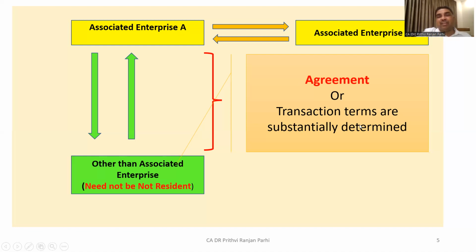Then this transaction will also be treated as a transaction between associated enterprises. It will be deemed to be an international transaction, and transfer pricing provisions will be applicable. So all the requirements like documentation and preparation of the transfer pricing study report will be applicable.